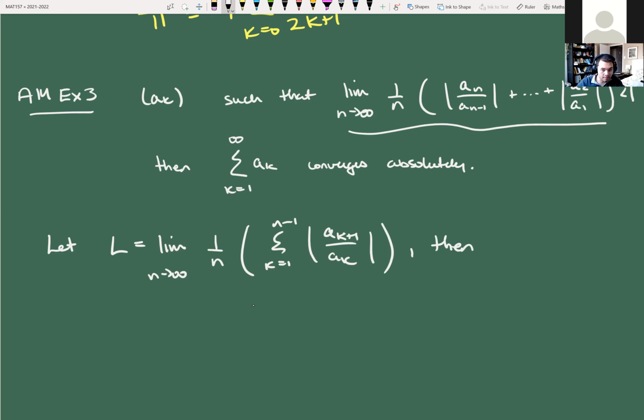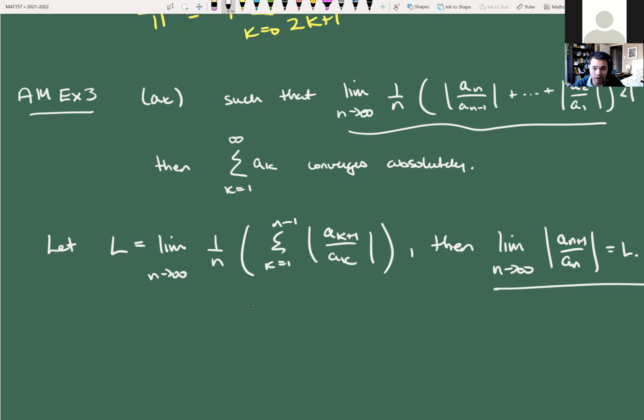So if that's the limit of that thing above, then this is also true. And this is, of course, the ratio test.